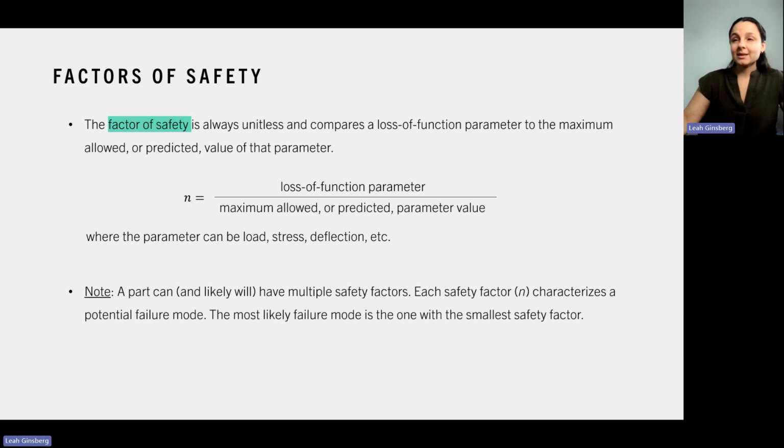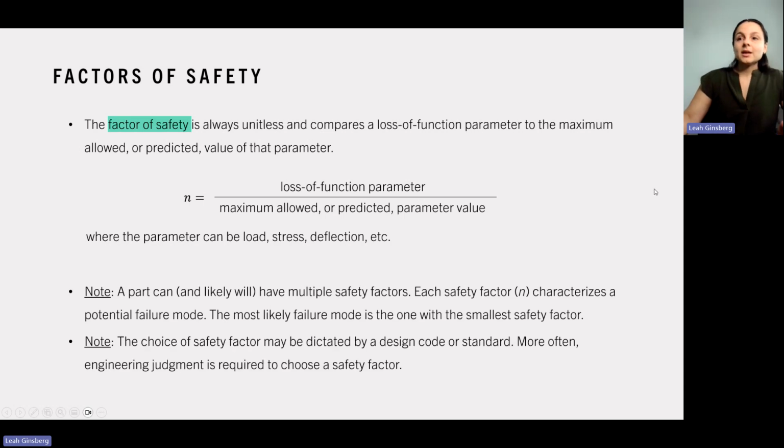A part can and probably will have multiple safety factors, each one characterizing a potential failure mode. And the failure mode that is most likely is the one with the smallest safety factor. Another note, the choice of safety factor may be dictated by a design code or standard, but most often you are going to need to use engineering judgment to choose a safety factor.